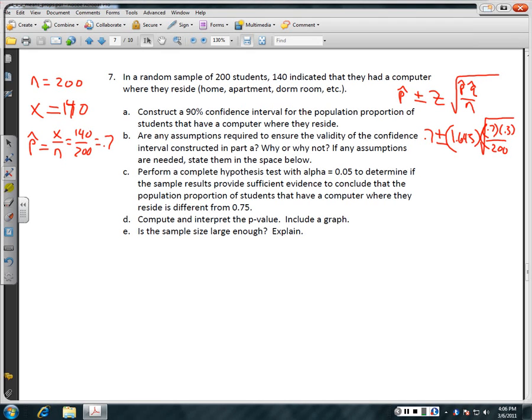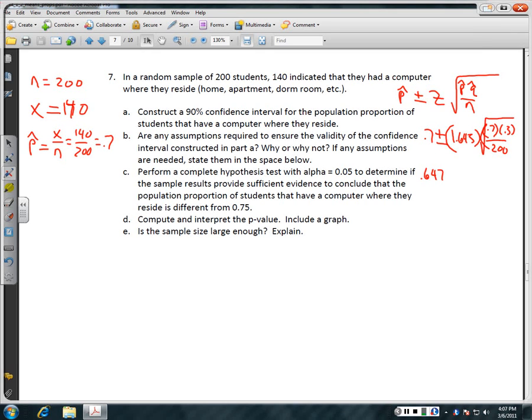So I'm just going to do on my calculator 0.7 minus 1.645 times square root of 0.7 times 0.3 divided by 200. Close my parenthesis. And I've got 0.647.